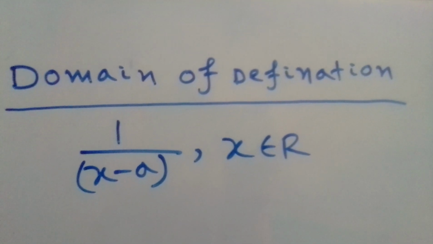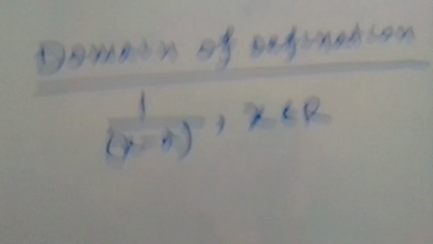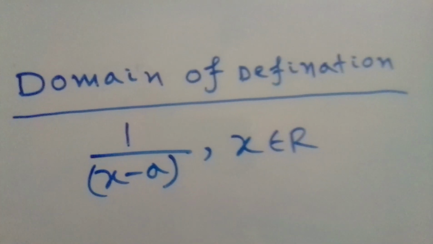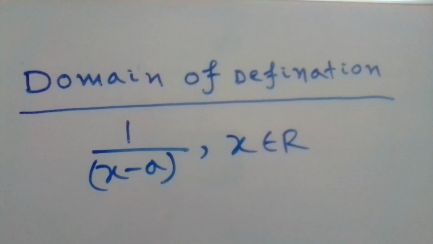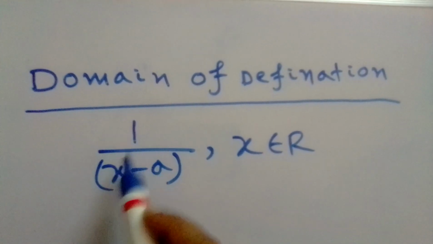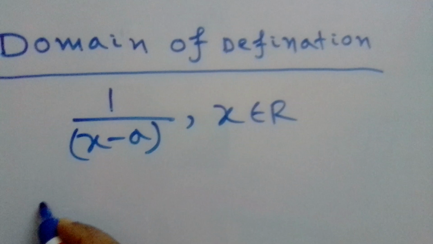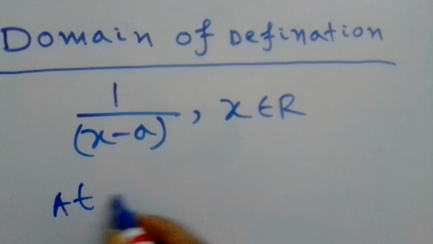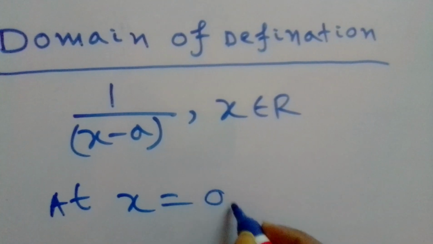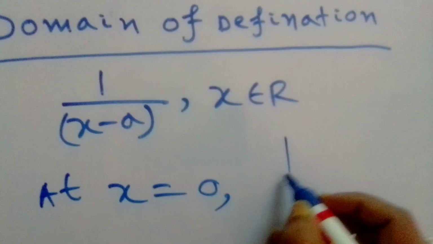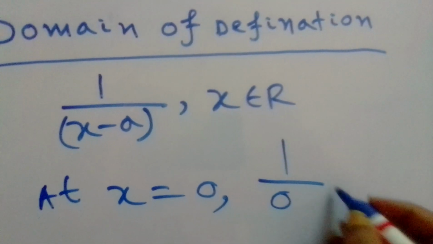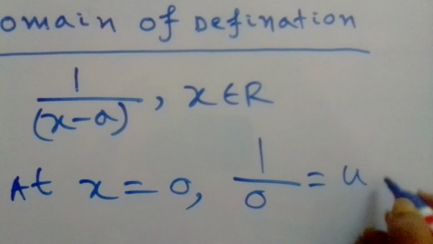Here we consider domains of definition and look at a function. Suppose we consider 1/(x-a), x belongs to R, and if we look at x equals a, we get the point 1/0, that is not defined.